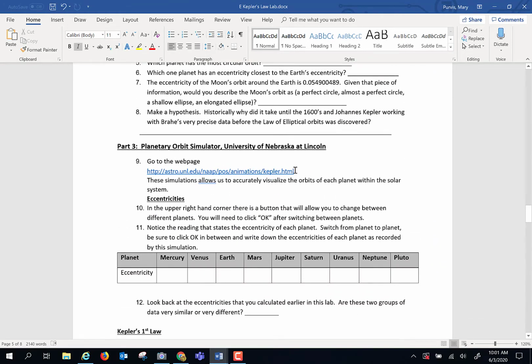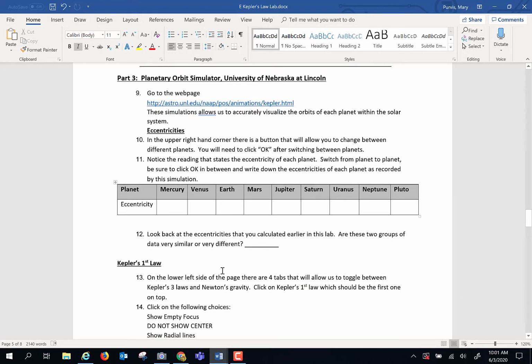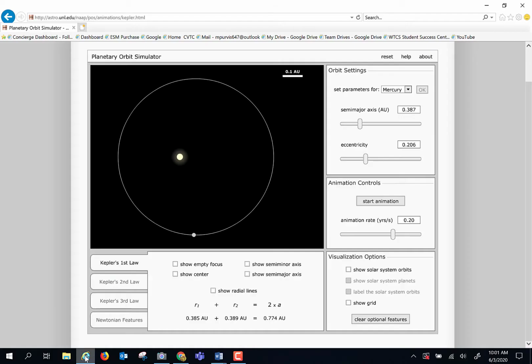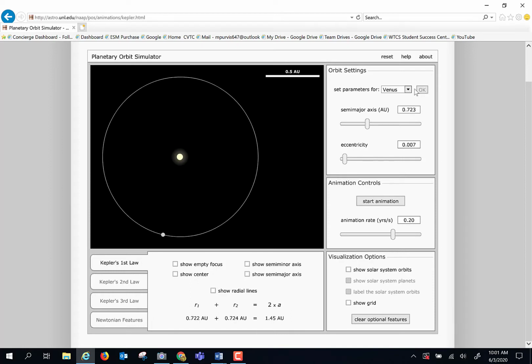We are going to only use 1 simulation for the entire rest of the lab, but this simulation incorporates Kepler's first, second, and third law and Newton's universal law of gravity. When you get there, go to the upper right-hand corner and switch between individual planets. As you switch between planets, you can see the eccentricity of each, and that gives you a lot of insight.